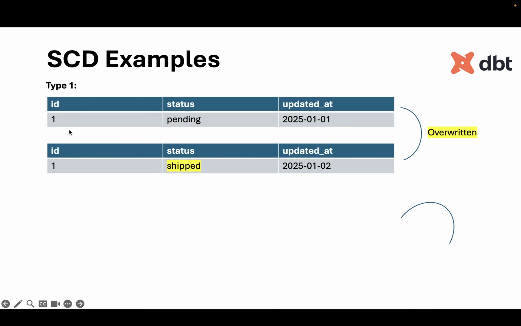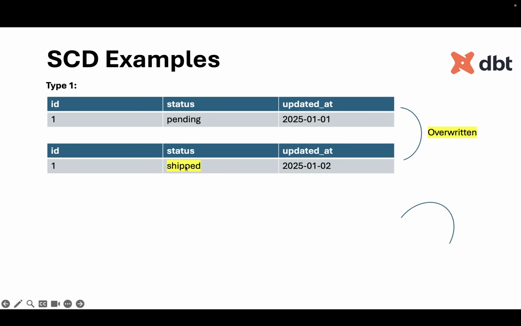And so we have an order ID with ID number 1, and the original status was pending, and this was updated on this date. And now this order has changed and the status now is shipped. Let's assume on January 2nd, 2025, this record updated to shipped.